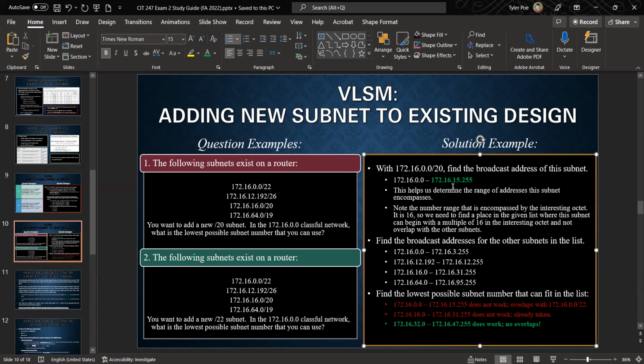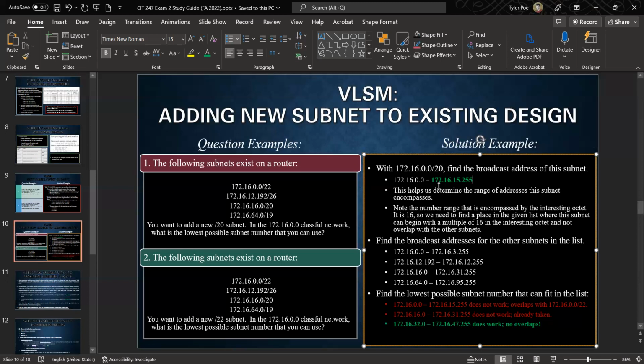So figuring out the ranges will help us determine how many addresses these subnets encompass. This range is encompassed by the interesting octet. It is 16, so we need to find a place in the given list where this subnet can begin with a multiple of 16 in the interesting octet and not overlap with another subnet.